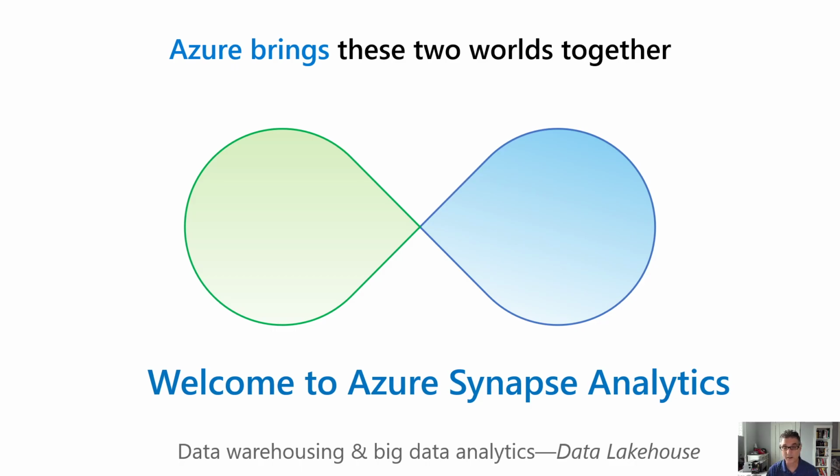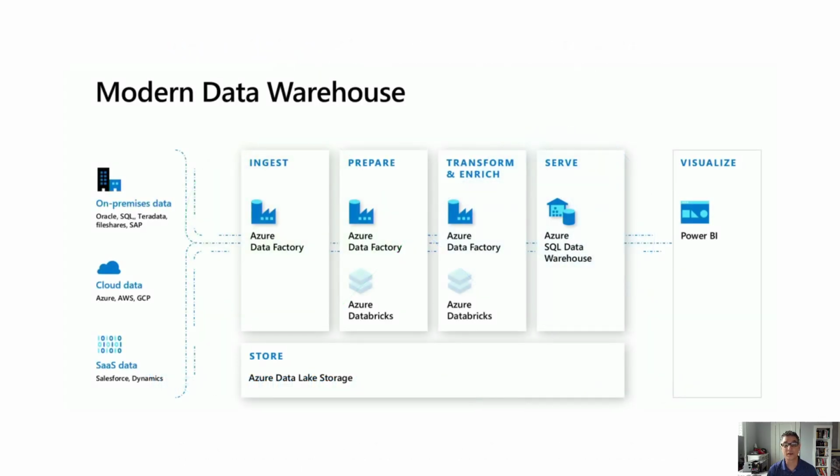If we look at the modern data warehouse, traditionally it's been with a number of products and usually broken out into these stages where you ingest the data, store it, prepare the data, transform it, serve the data or model the data, and then visualize it using a reporting tool on there.